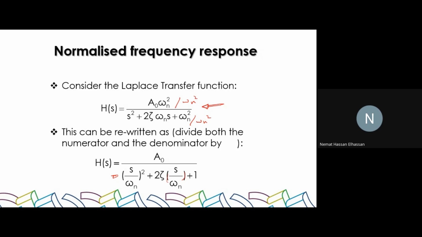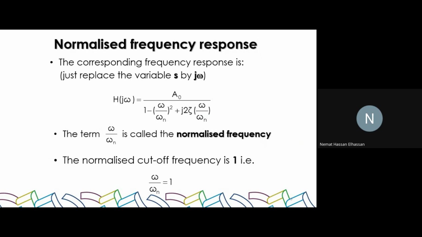Now remember that s is actually a frequency value, j omega, right? So if you take s and replace it by j omega, this is what you get. And this ratio, omega over omega n, is called the normalized frequency. And the cutoff frequency will always be 1. When you take the frequency and divide it by its natural frequency, the value will be 1. So the cutoff frequency will always be equal to 1. Clear?